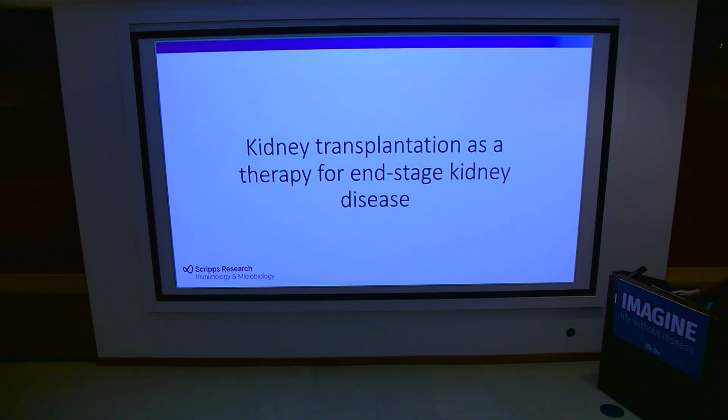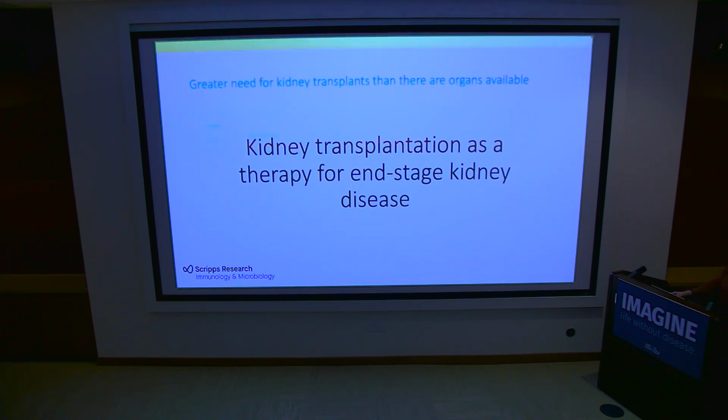Well, as I mentioned, kidney transplant is the best therapy for end-stage kidney disease because people live longer with a kidney transplant than they do on dialysis, which is the alternative therapy. And obviously you have a better lifestyle. You're not hooked to a dialysis machine 3 times a week, and it's less costly.